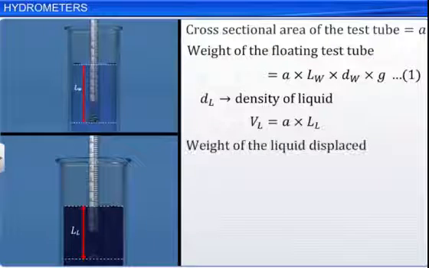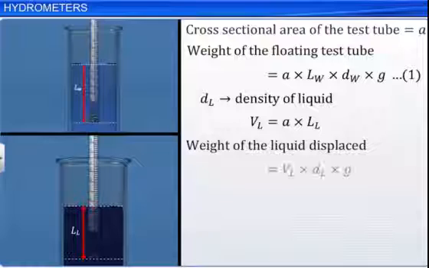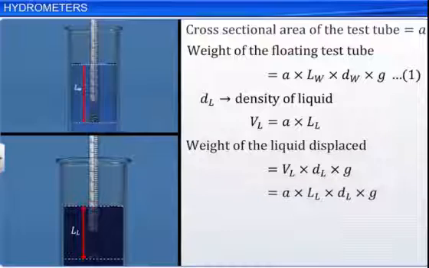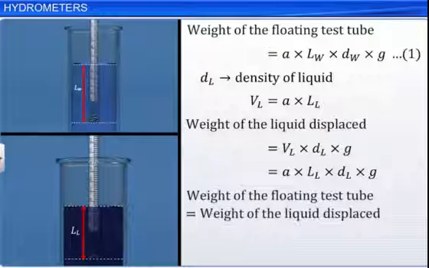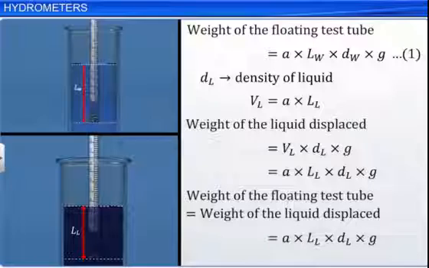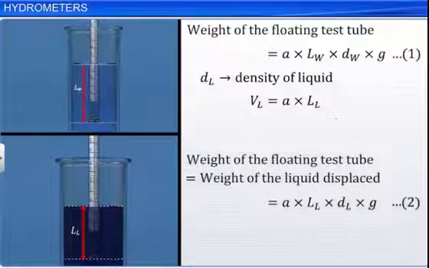Therefore, the weight of the liquid displaced is equal to VL into dL into G. This is also equal to A into LL into dL into G. Again, according to the law of flotation, the weight of the floating test tube is equal to the weight of the liquid displaced. This is equal to A into LL into dL into G. Let this be equation 2.